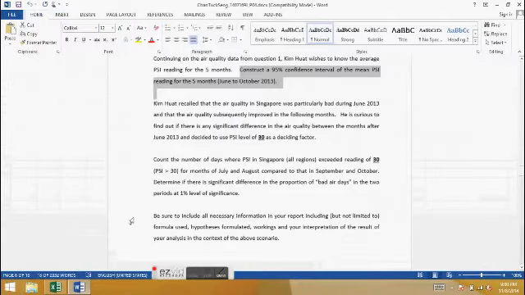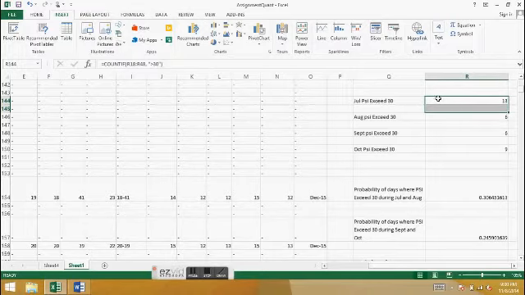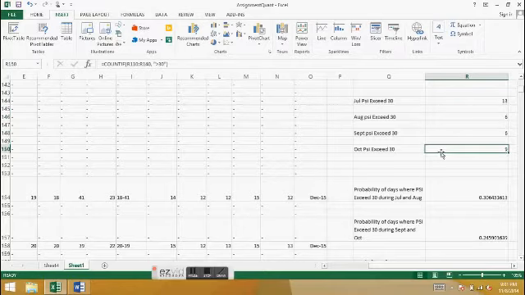Now the question asks us to count the number of days where the PSI in Singapore of all regions exceeds the reading of 30 for the months of July and August compared to September and October. By using COUNTIF, we can clearly find the number of days that the PSI exceeds 30, and do the same for the respective dates.